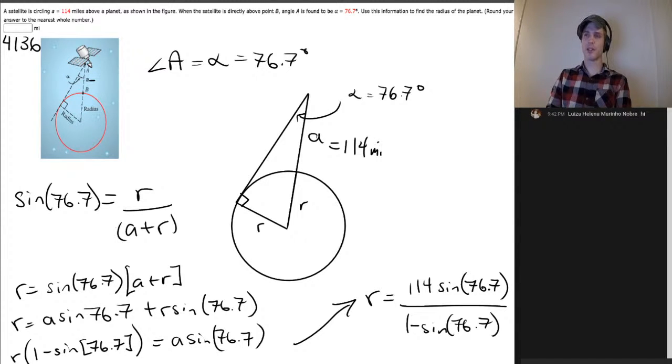So that seems a little bonkers to me, but I feel pretty strongly that this is the right answer. And we round to the nearest whole number, so 4,136. My physical intuition doesn't like that, but yeah, there we have it.